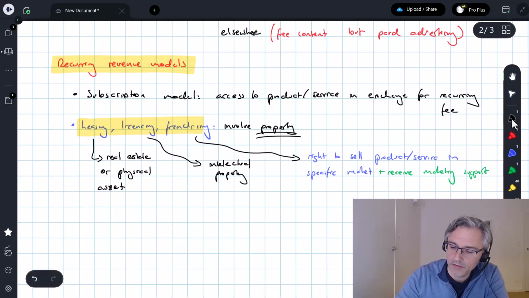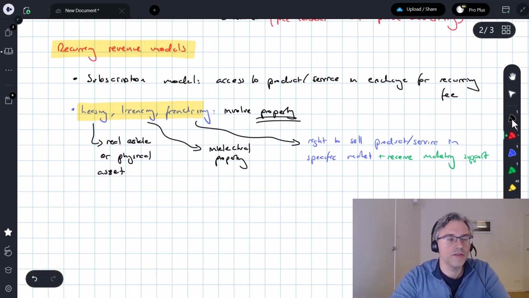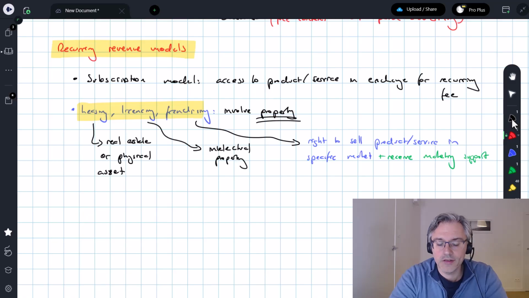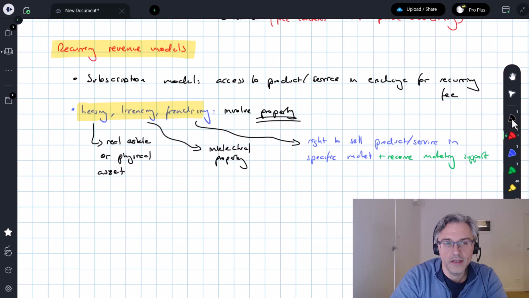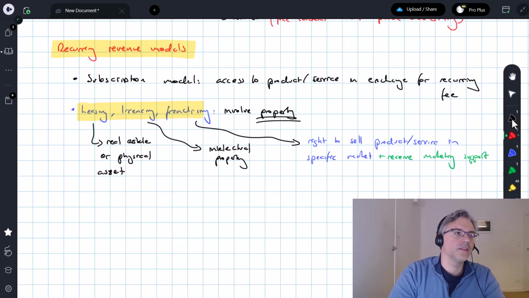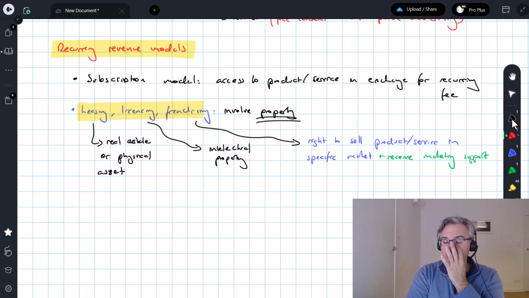Think about the way McDonald's operates under franchise in many countries. Those who buy the franchise can open a McDonald's restaurant, and they have the certainty that nobody else can open a restaurant within some radius, and they get a lot of marketing and product support from McDonald's. In fact, McDonald's tells them how to run the whole operation.